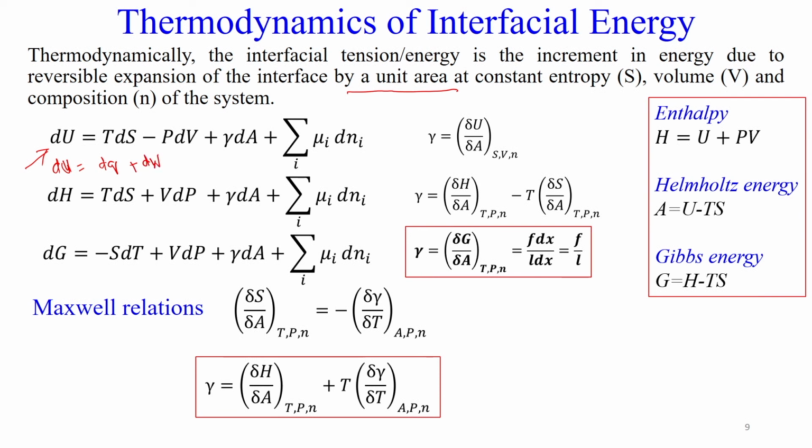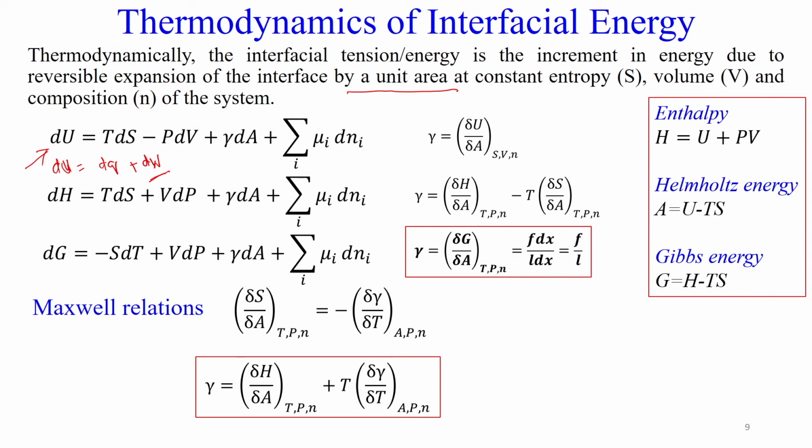Now, dq, using the second law of thermodynamics, you can write as T dS, and this dw will have mechanical work P dV, interfacial work gamma dA, plus chemical work mu i dNi. Mu i is the chemical potential and Ni is the number of molecules.